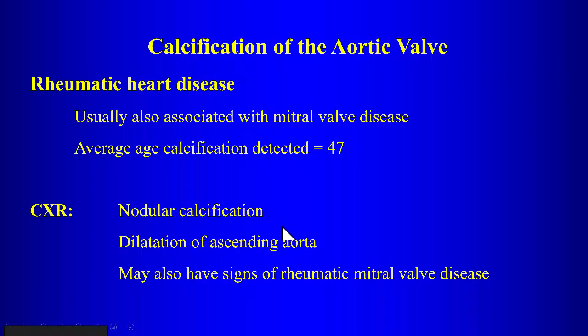Pulmonary venous congestion, right? Because of elevated left atrial pressures, causing pulmonary venous congestion in patients with mitral valve disease and mitral stenosis. So those are other things that you can look for. A later complication of rheumatic heart disease and mitral stenosis is what? How does it affect the pulmonary artery pressure?